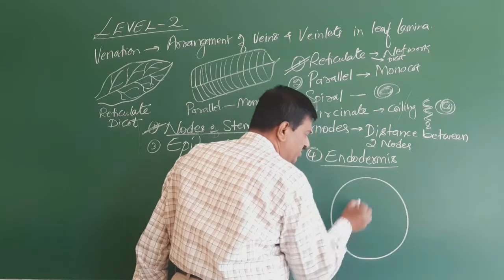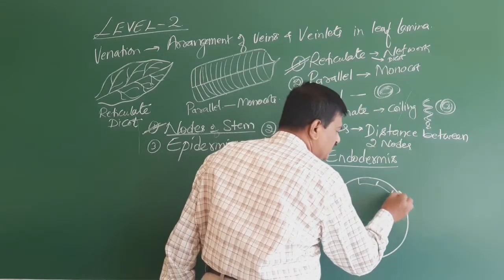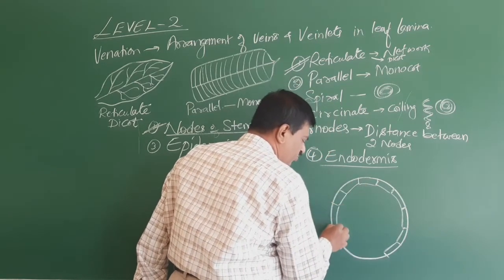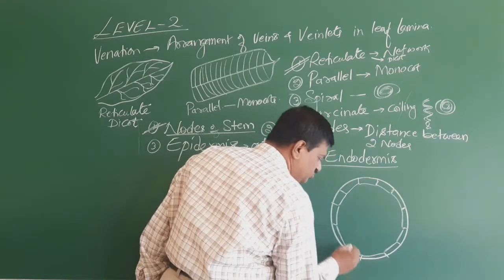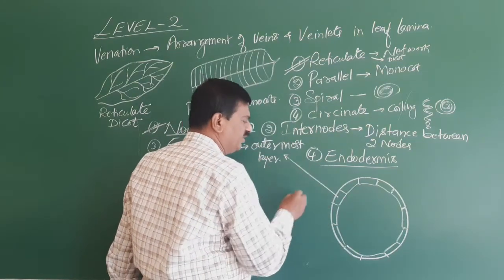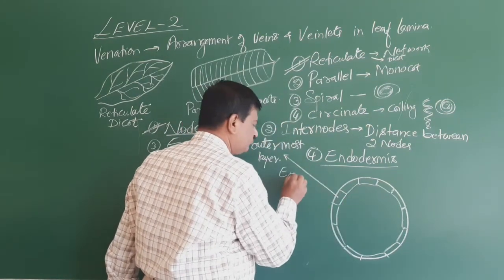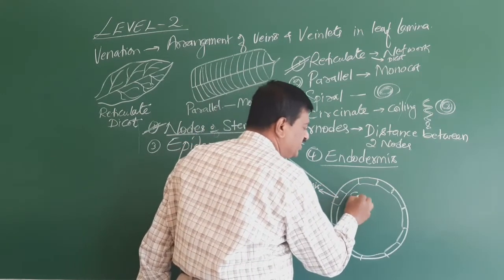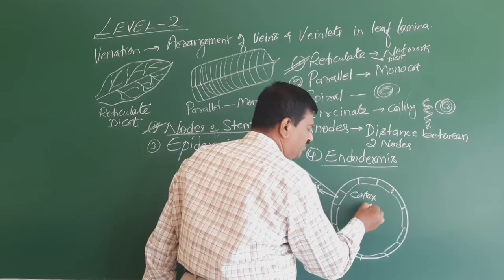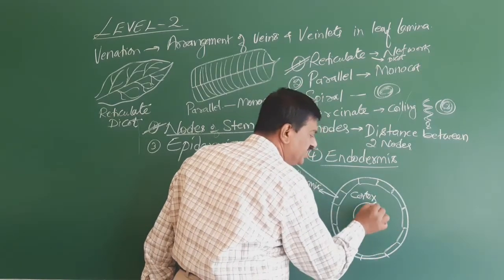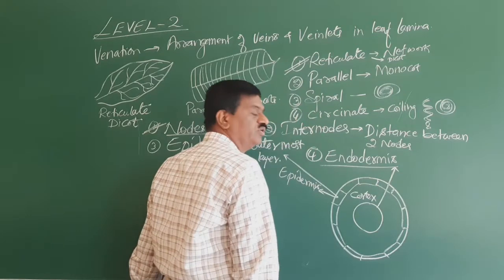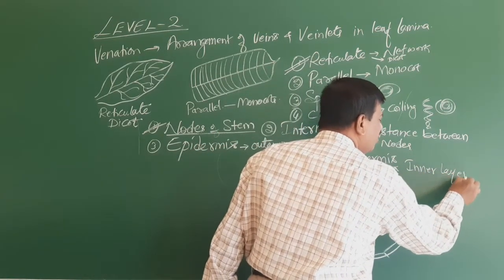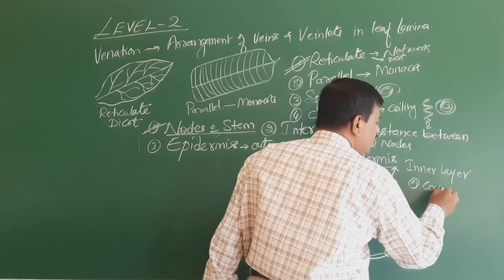When we go for a section of a stem, the outermost layer is called epidermis, the second layer is called cortex, and the inner layer is called endodermis. So this endodermis is called the inner layer or covering of the vascular bundle.